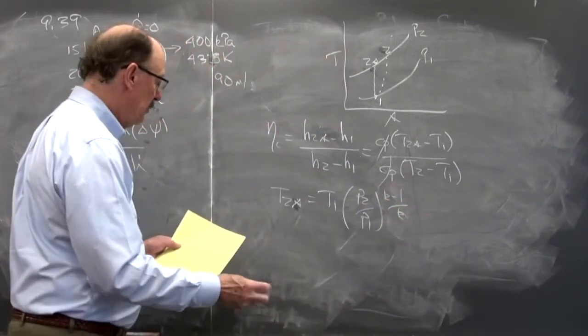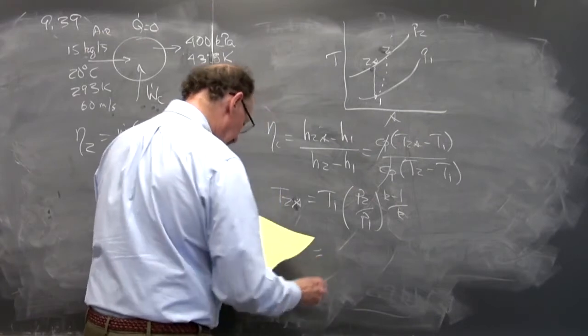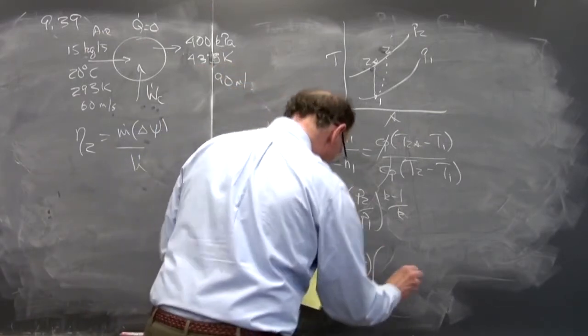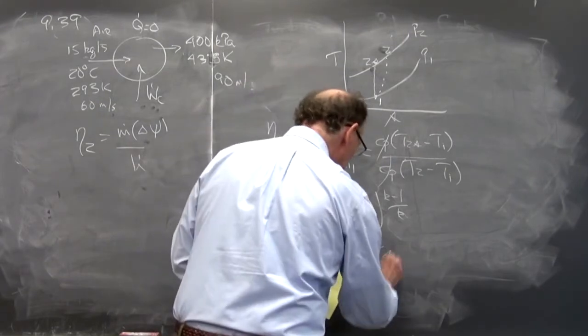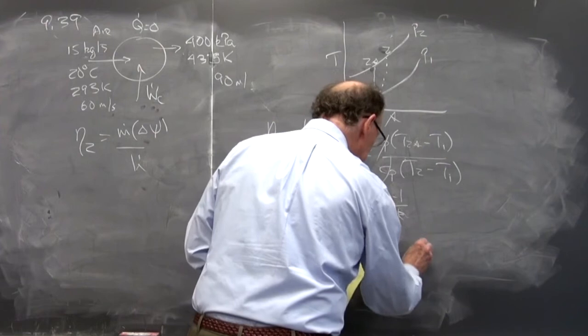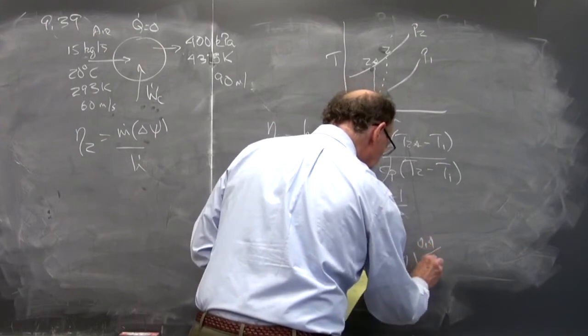I'm going to substitute in. And so we have 293 times 400 over 120 to the 0.4 over 1.4.